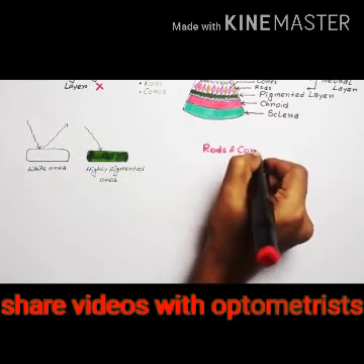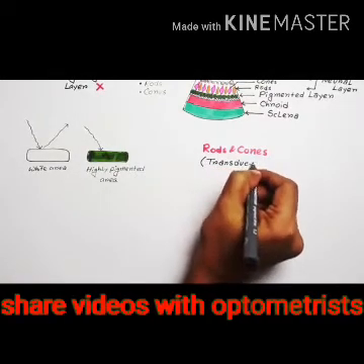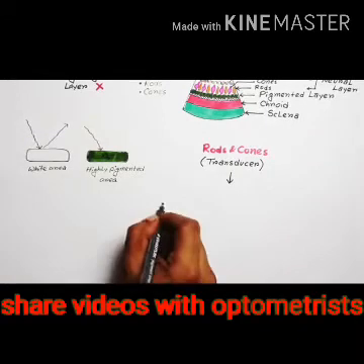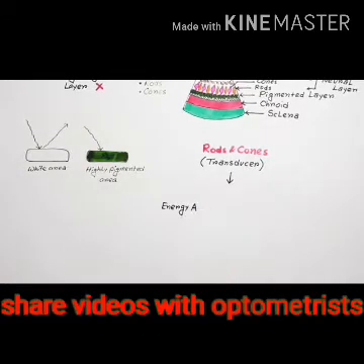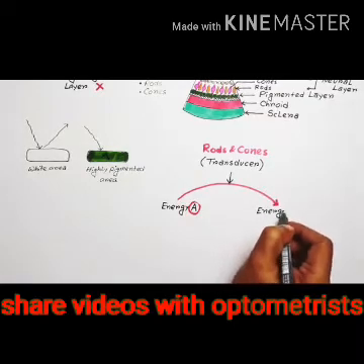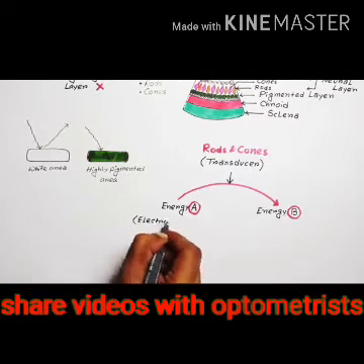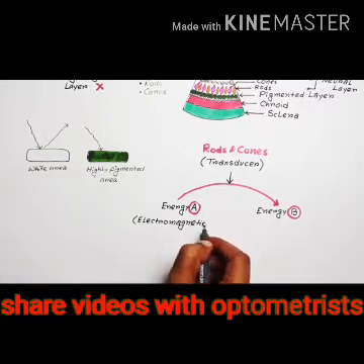So what are rods and cones? They are a special type of transducer. You know what a transducer is? Well, it is a special entity which can convert one type of energy to another type of energy. You know, light is electromagnetic energy.